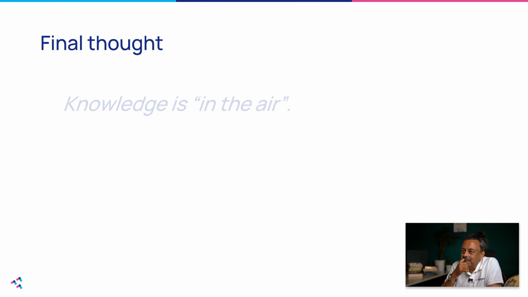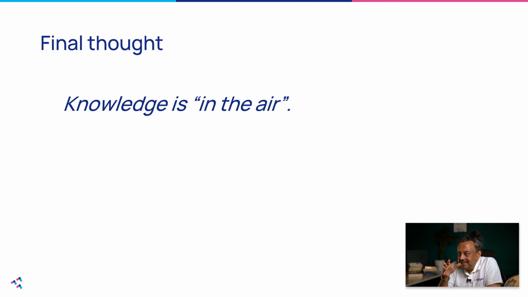Now, final thought, and this is not actually one thought, but anyway, final slide, I promise. So there is this ancient belief from ancient India that knowledge exists independent of the knower. Knowledge exists, full stop. The knower is one who finds the knowledge, who discovers or uncovers the knowledge.